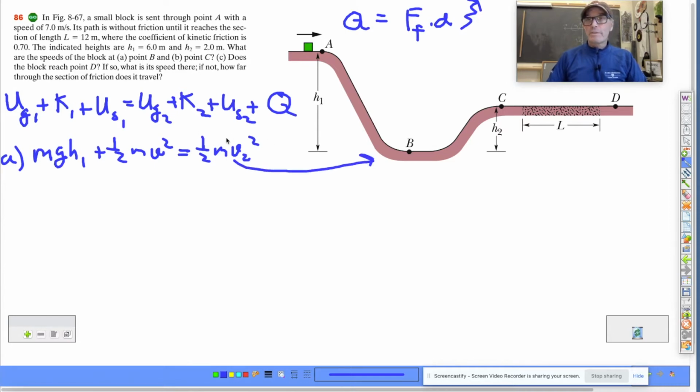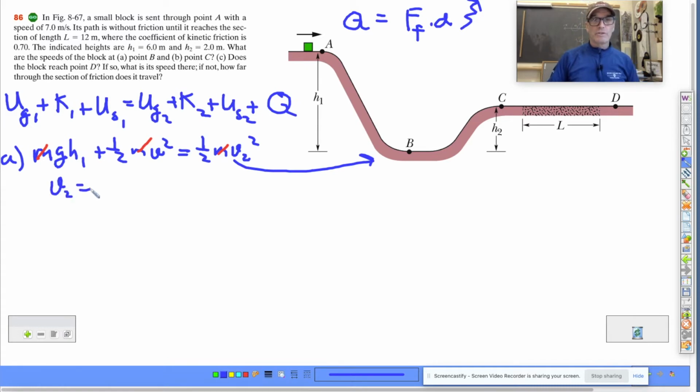All right. There's a mass in every term. I'm not going to substitute numerical answers, but I'm just showing you how I apply conservation of energy, thinking of this as state 1 and this as state 2. So we're going to solve for the velocity.